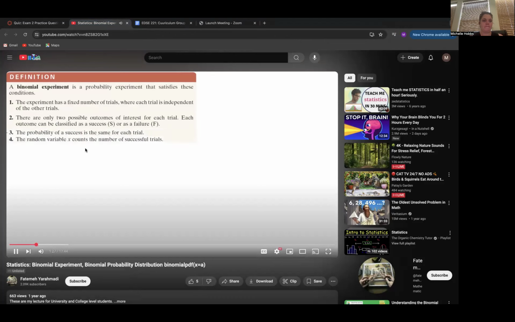And finally, the random variable X counts the number of successful trials. Very good. So if you have experiment, probability experiment that satisfies these four conditions, we call it a binomial experiment.